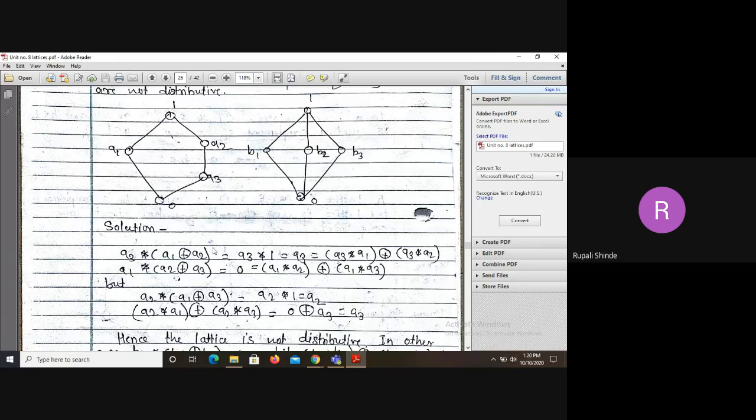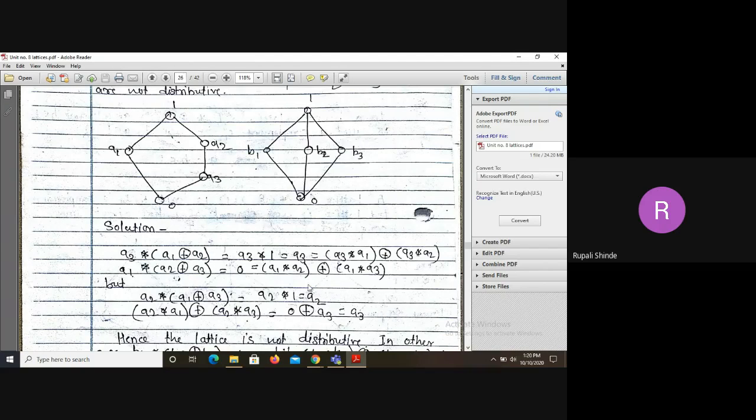The value for this pair is A3. So 0 XOR A3. The least upper bound for this pair of elements 0 and A3 is A3.